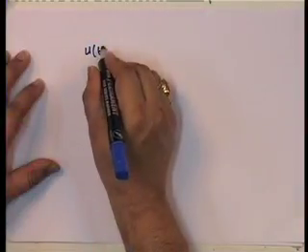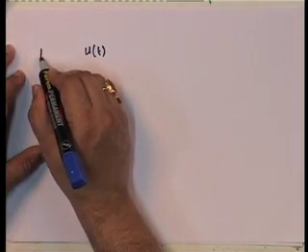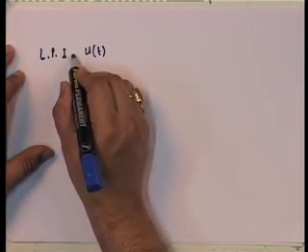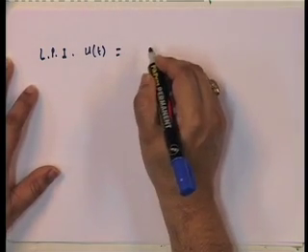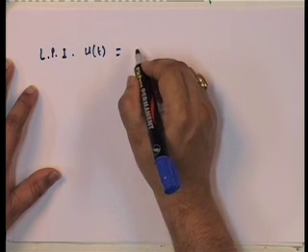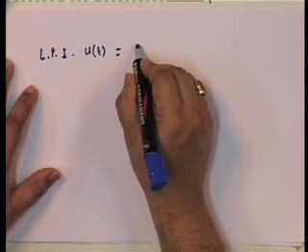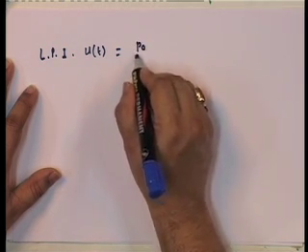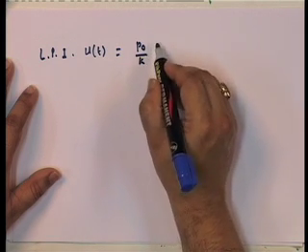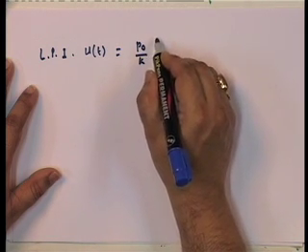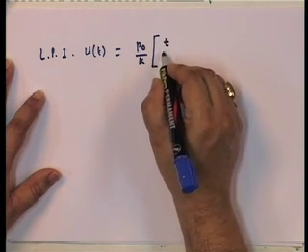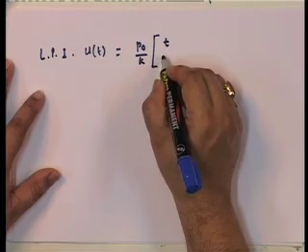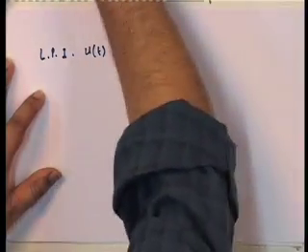It becomes u of t. So, this is load phase 1, u of t is equal to, and I will put P naught upon k outside, and inside I have t. I am sorry, I have made a mistake.